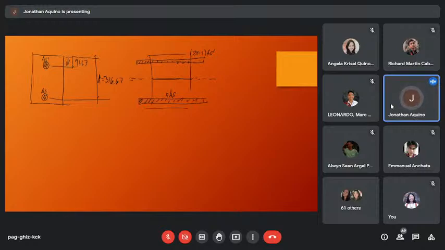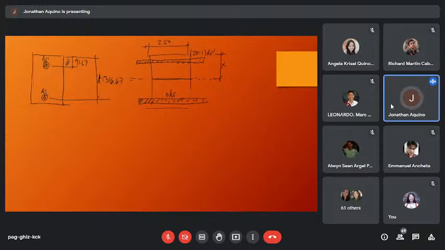Let's say this is X. Similar to a singly reinforced rectangular beam, we need to find the centroid of the transformed section. So this is 250.